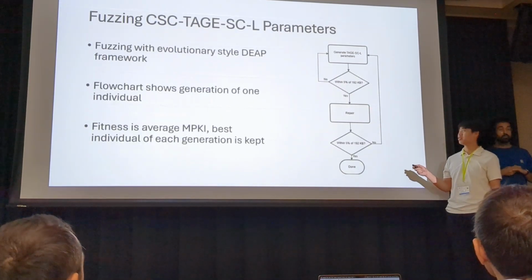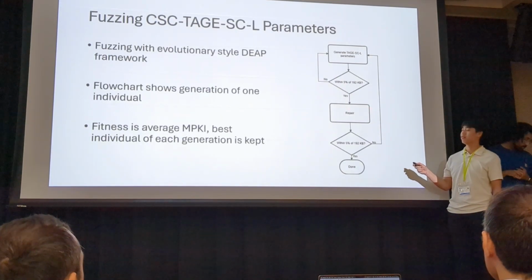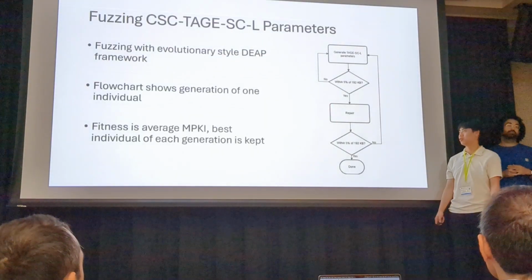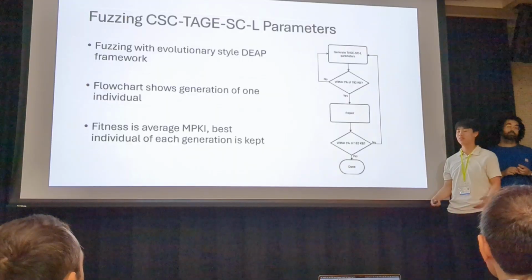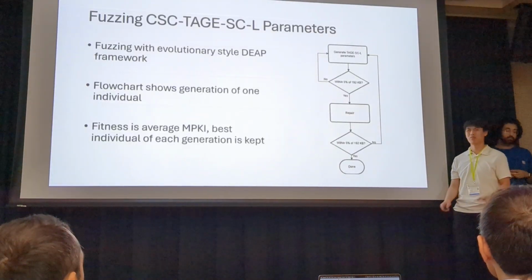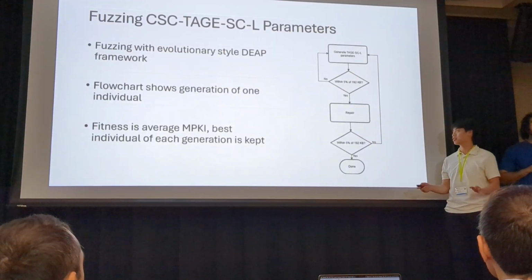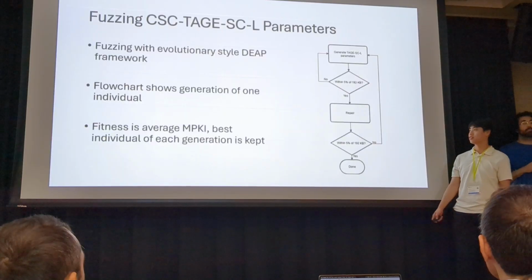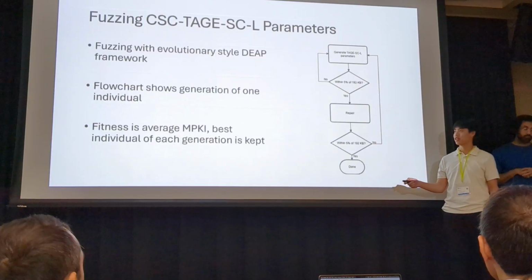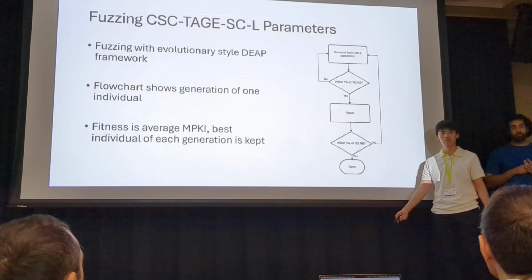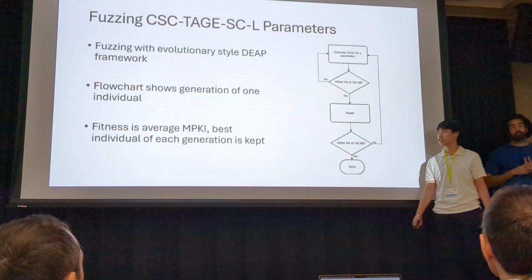The only wrinkle in this process is the repair function. This is to ensure correctness, and if the steps to make the configuration correct bring it over 192 kb, some weighted random process brings it back under 192 kb. For us, fitness is the average MPKI, and the best individual is the one with the lowest MPKI across generations.